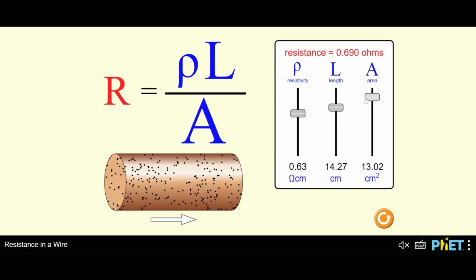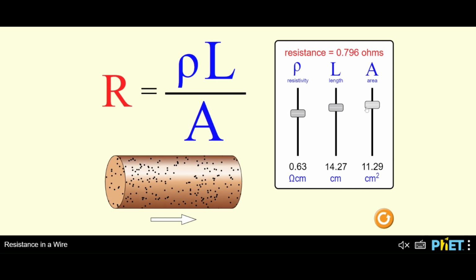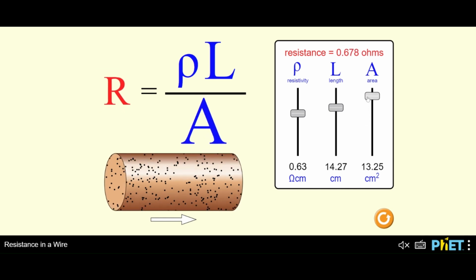So therefore we can say that the resistance that it offers to the path of charge actually decreases with the increase in area. This again is available in the PhET interactive simulation environment. You could explore it and find out more.